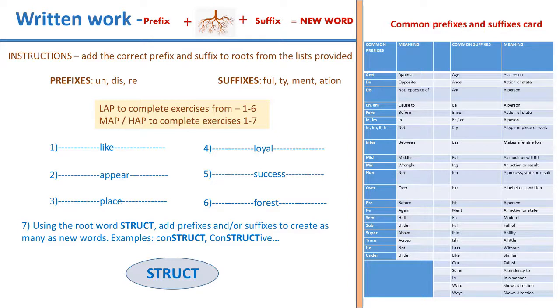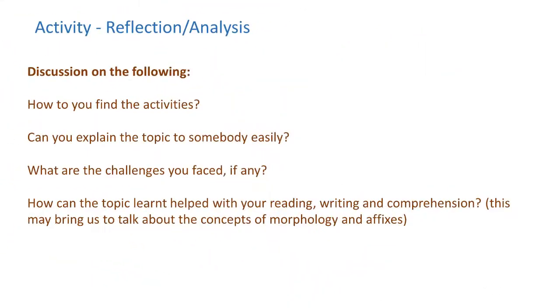There will be a list of common prefixes and suffixes with their meaning that will be given to the child to keep. After that, the child will reflect and analyze the activity through a discussion by answering the stated questions.